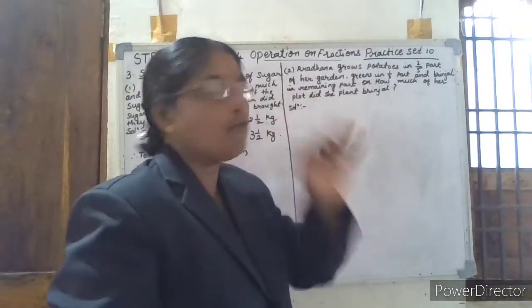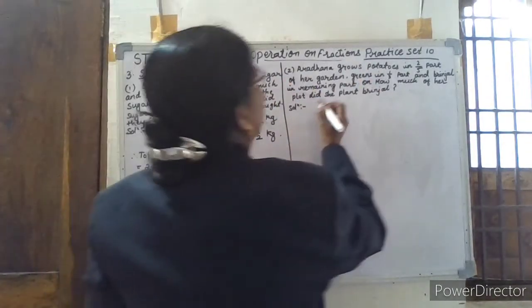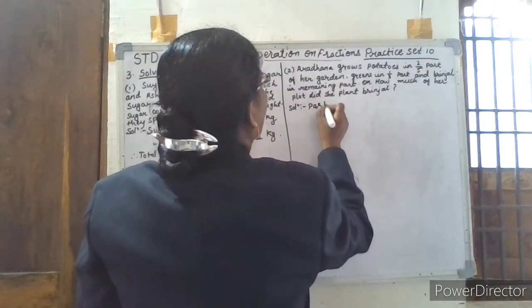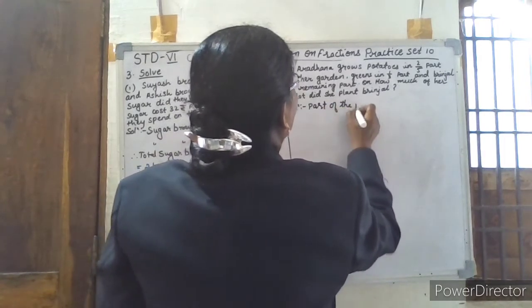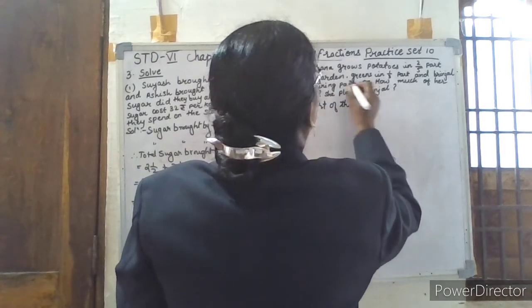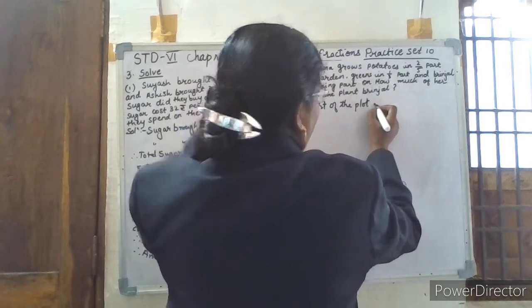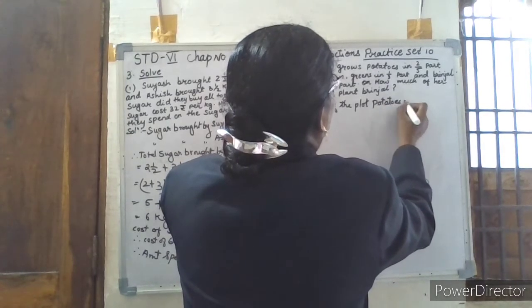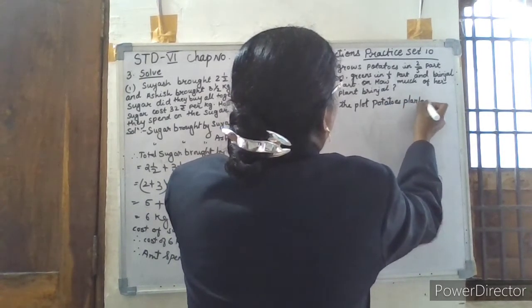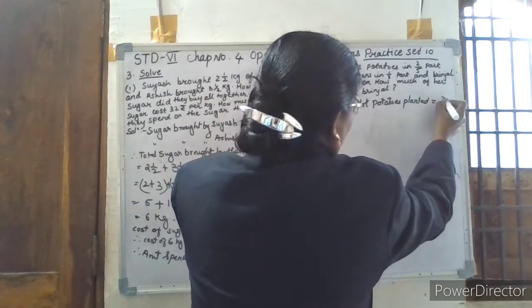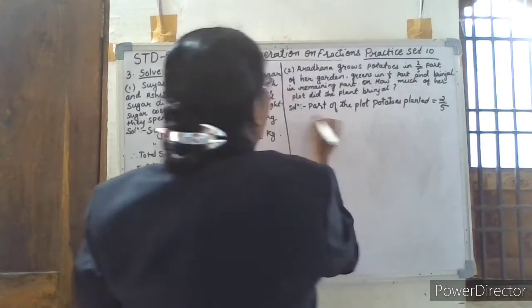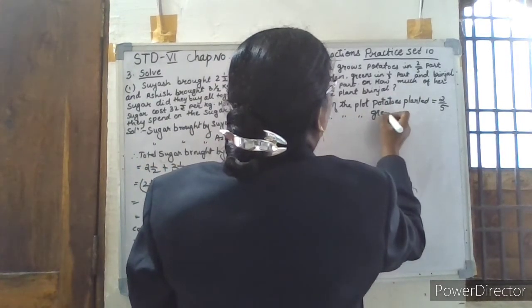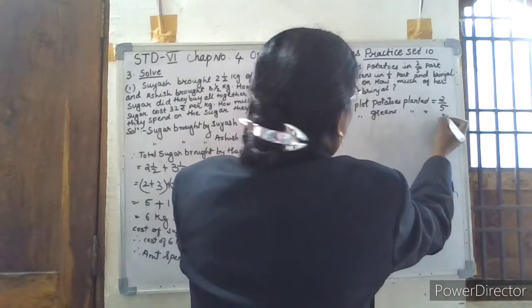So now let us add these two first. Part of the plot, potatoes planted is equal to 2 by 5. In the same manner, part of the plot, greens planted is equal to 1/3.